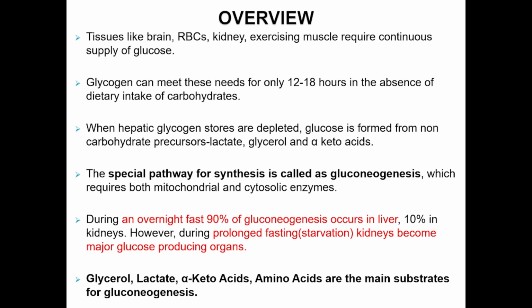What after 18 hours? What will happen to the brain, RBCs, and kidney? They will start to produce glucose from non-carbohydrate sources. And the process of producing glucose from non-carbohydrate sources is called gluconeogenesis. So gluconeogenesis is the production of glucose from non-carbohydrate sources.